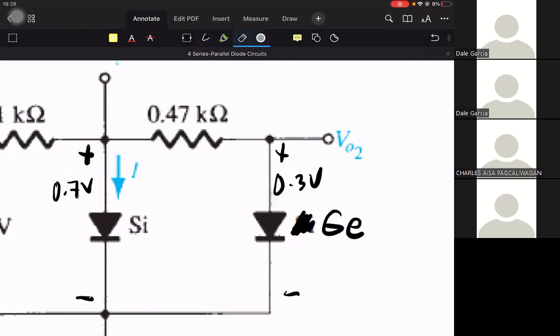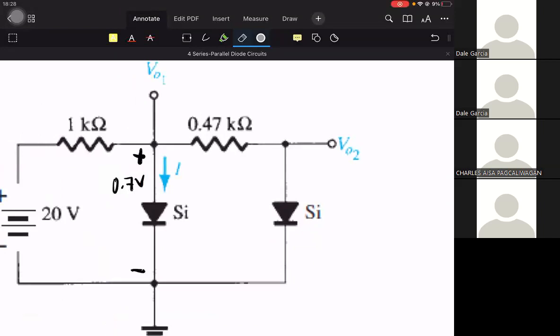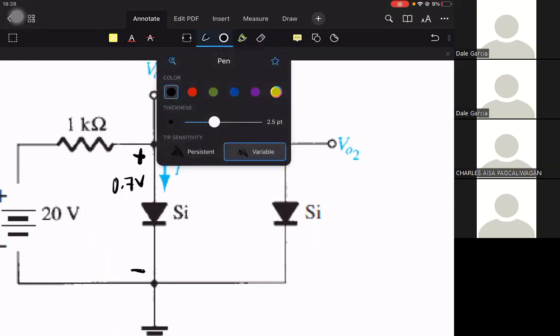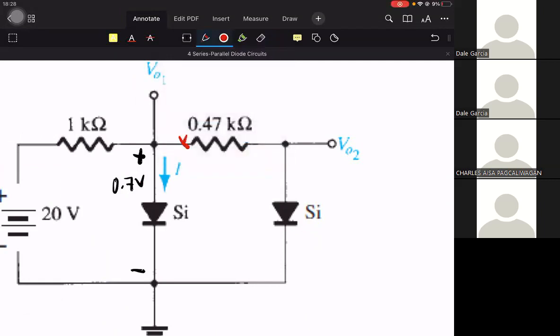But if both require 0.7 and diode 1 turns on first, there is not enough voltage left to turn on diode 2. So in effect, it's as if this part of the circuit does not exist.